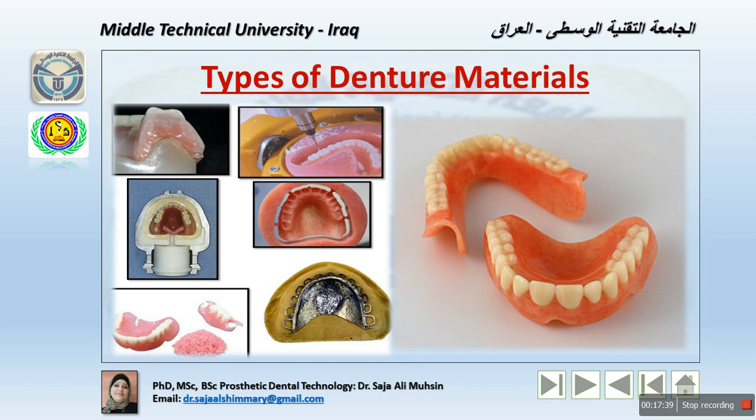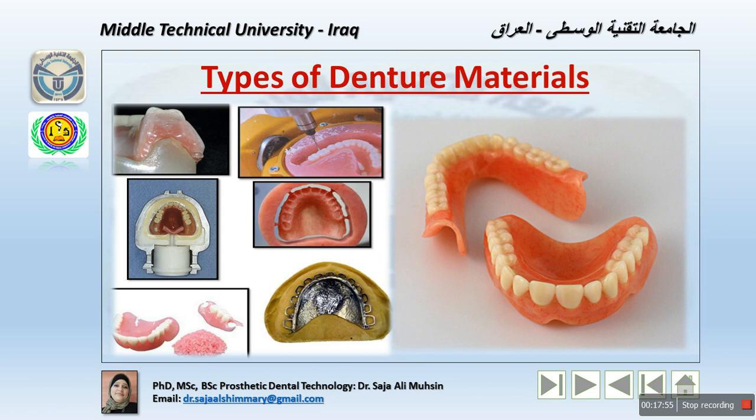So the contraction porosity in terms of powder to liquid ratio is affected consequently on the curing, and the gaseous porosity comes from the high temperature.